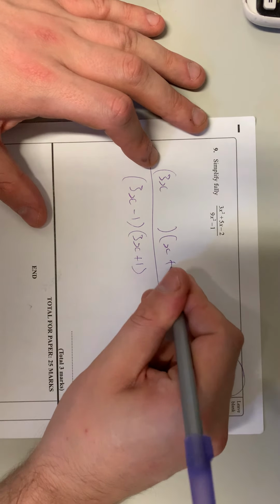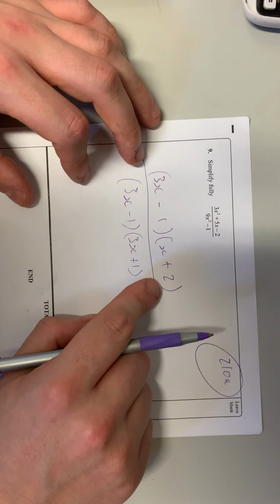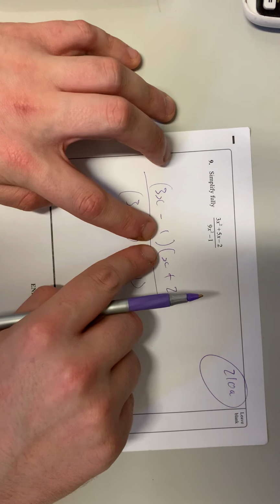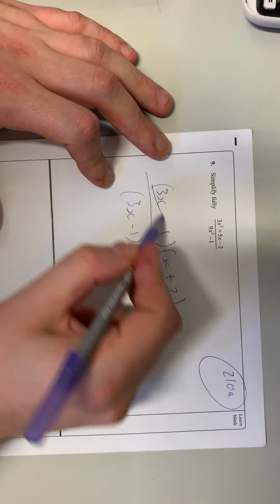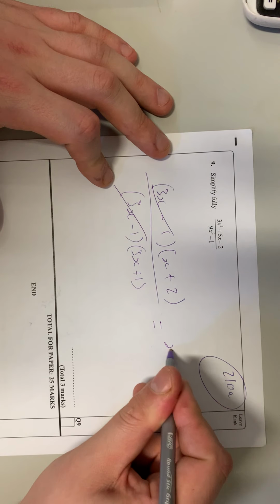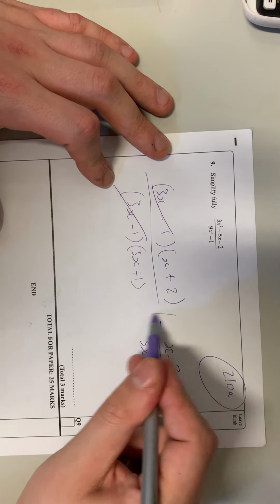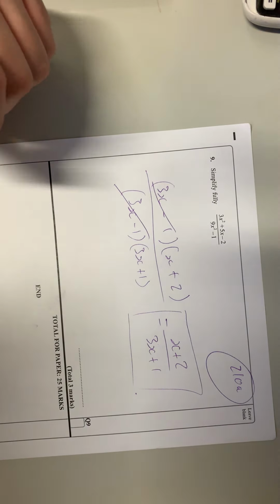So if I put a plus 2 here and a negative 1 here, negative 1 multiplied by positive 2 is going to give me negative 2. 3 times 2 is 6, take away 1 for 5. And I should have a common factor in the top and the bottom, so I need to cancel those. I should be left with x add 2 over 3x plus 1. Can't simplify it any further, so that's the answer in full. There we go.